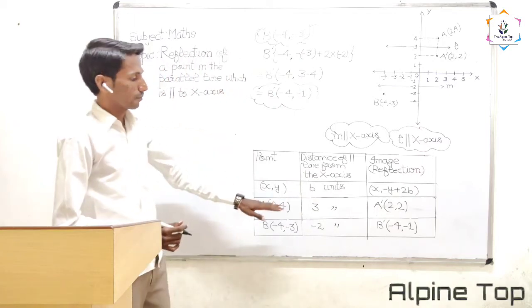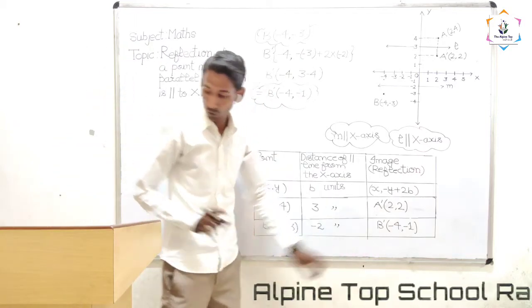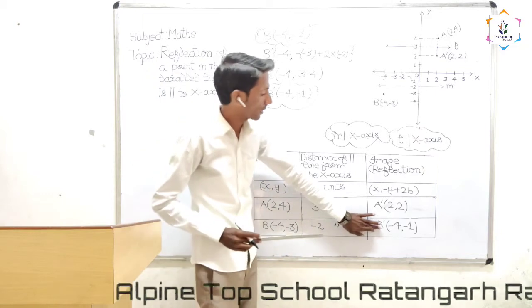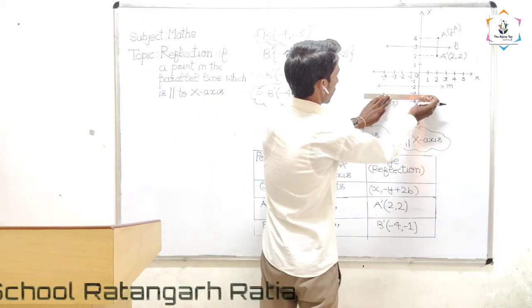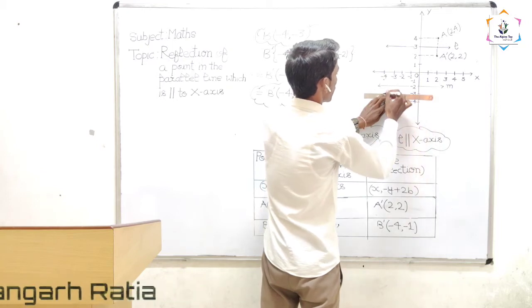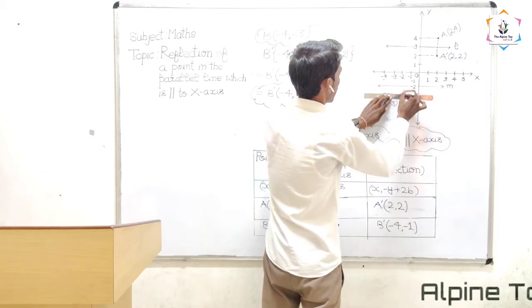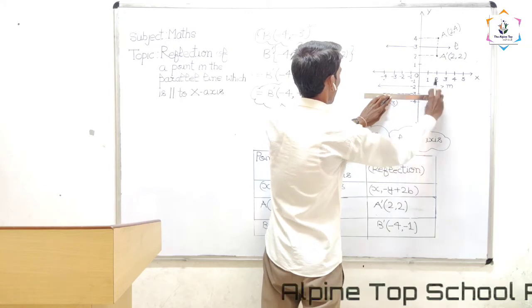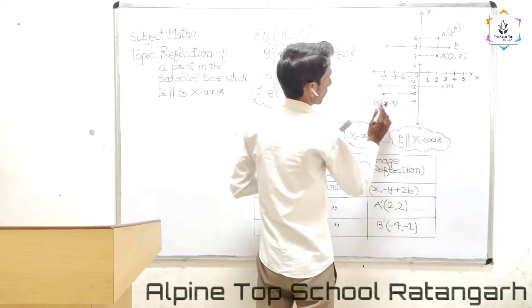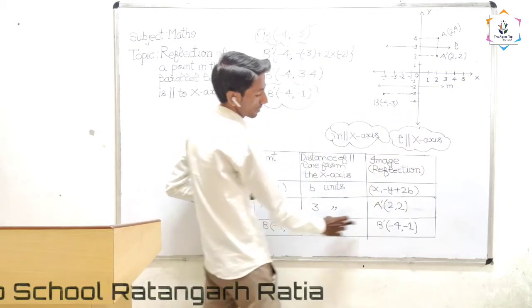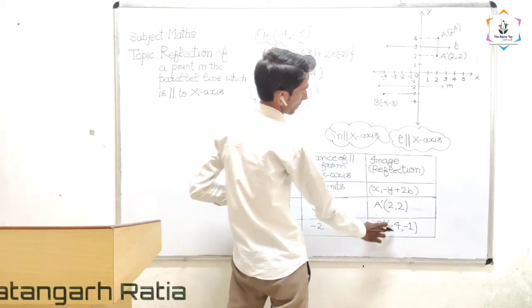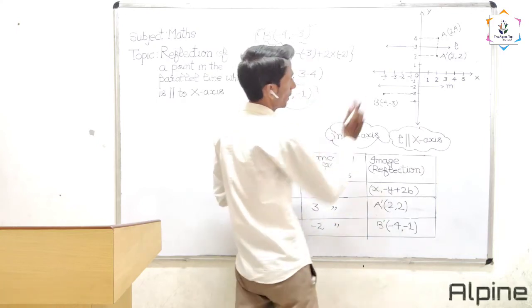I have filled the table, but now I am going to draw this image point in the graphical system here. I have already taken this point B, whose coordinates I have also mentioned here, -4 and -3, and its image in the line M, which is parallel to the x-axis, I have got as -4, -1, meaning this one.